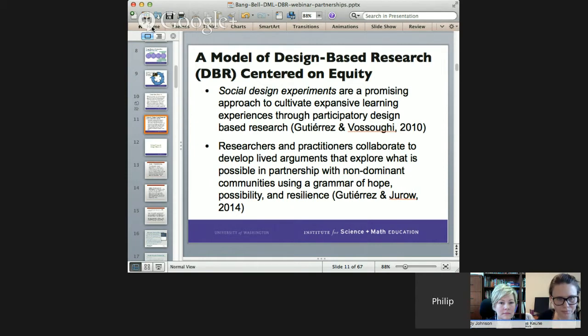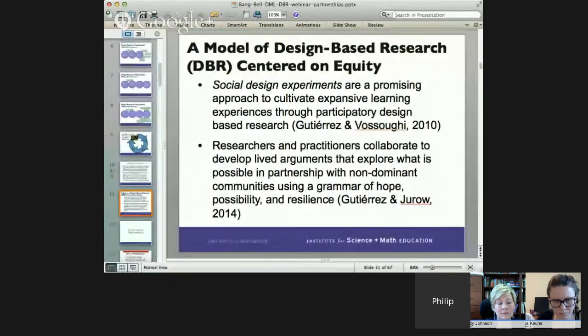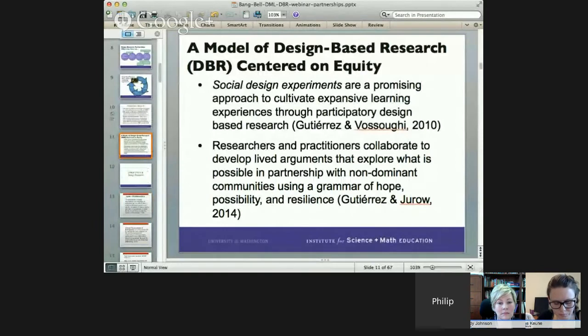So part of what we're going to share today is the ways that we're taking up DBR and really trying to center on equity. And both of us think about this as building on some of the work with Chris Gutierrez, Susan Juro, and Shireen Usuji around social design experiments.